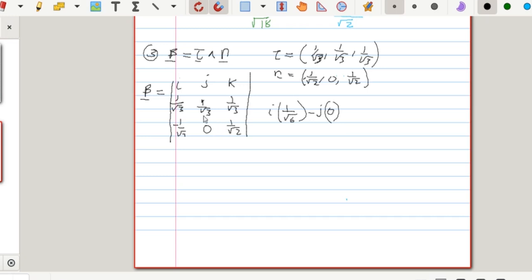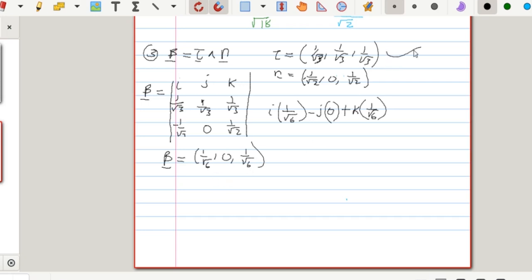Then we are going to have plus k, this multiplying this, 0, this multiplying this, that will be plus 1 over root 6. So the final answer now, beta, is going to be in the component of 1 over root 6 comma 0 comma 1 over root 6.